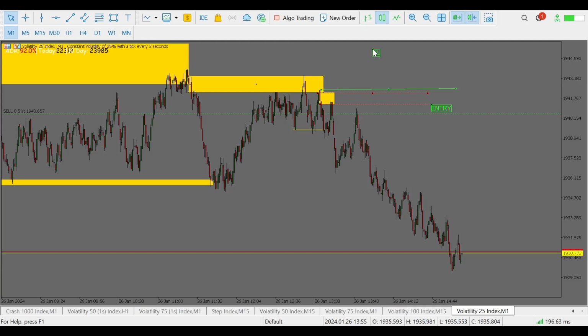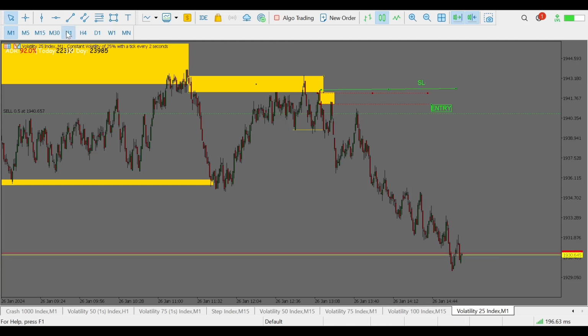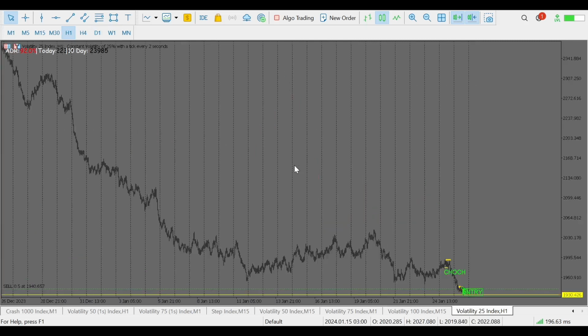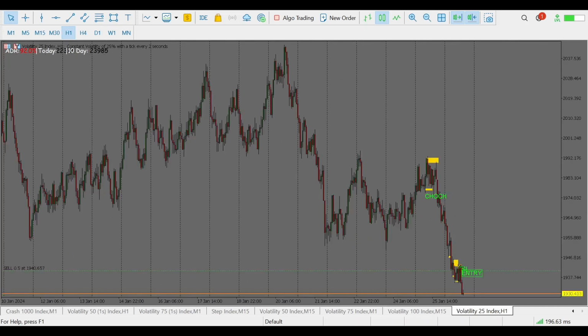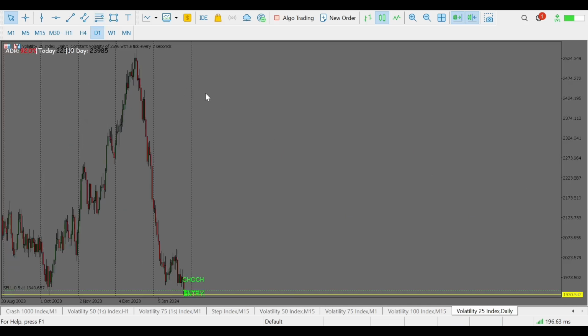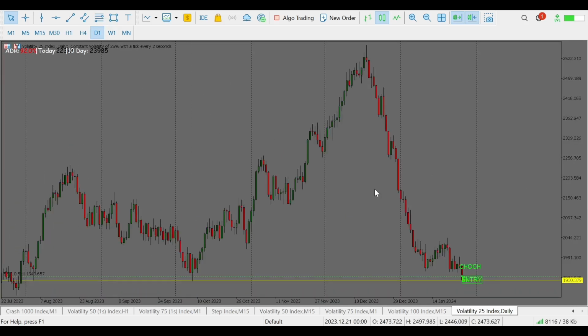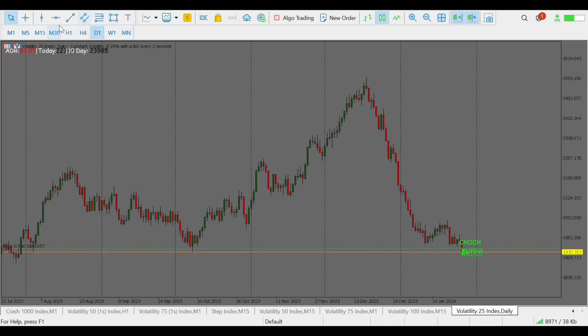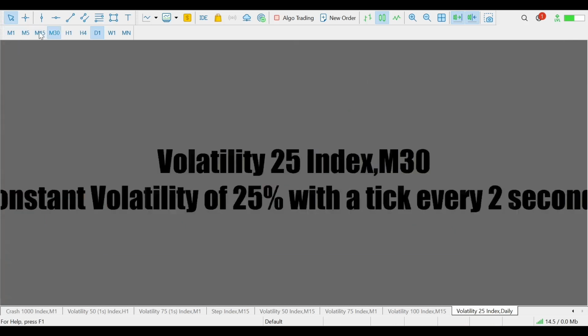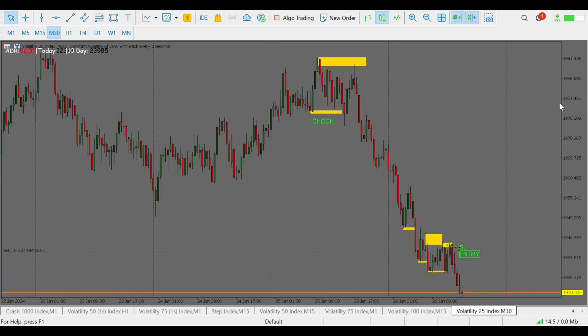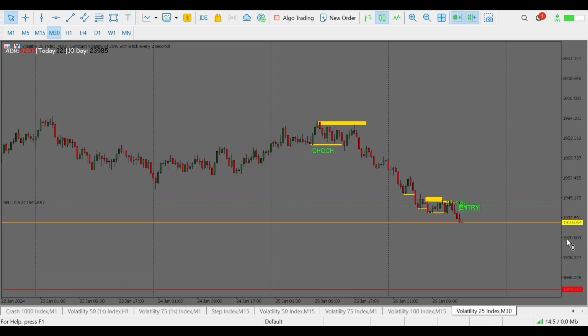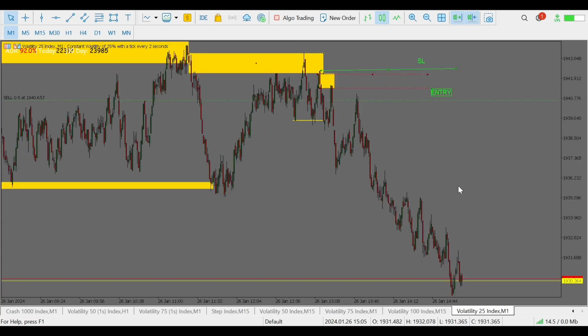Our take profit would target a lower low in higher time frames, and right now the lowest low is this point right here. This would be our take profit, and we would wait for price to go straight to this red line.